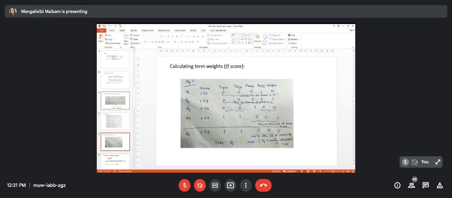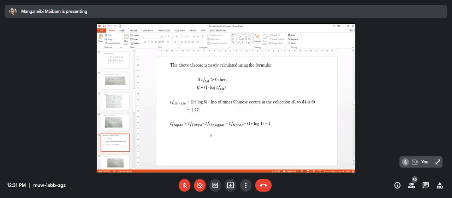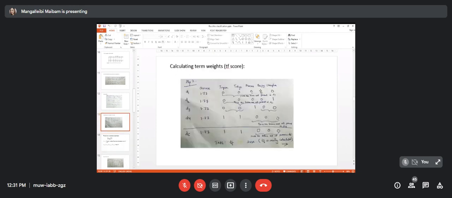For Beijing, it is there in D1, and the new TF score for Beijing is 1, so we write 1 here. Since the terms Japan, Tokyo, and Macau are not present in D1, it is 0. Shanghai also is 0 because it is not present in D1.